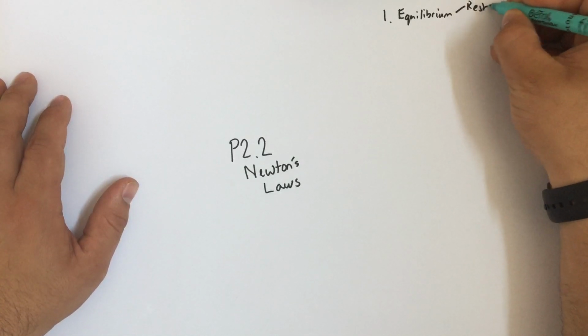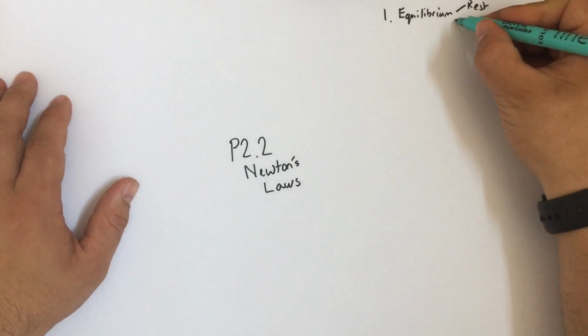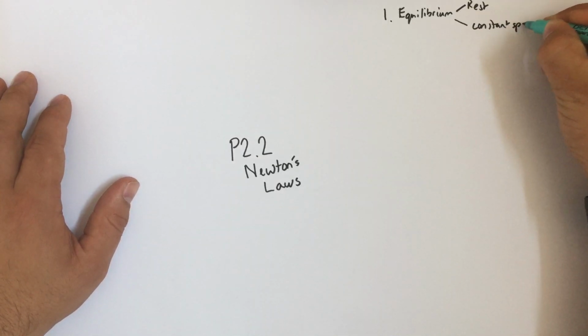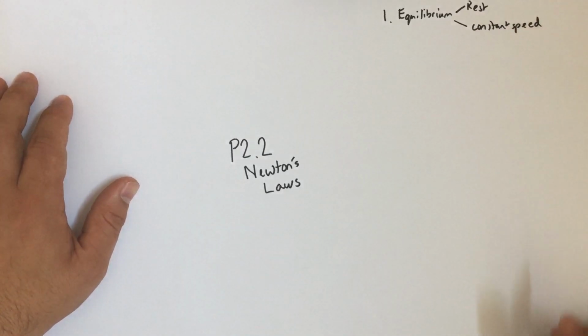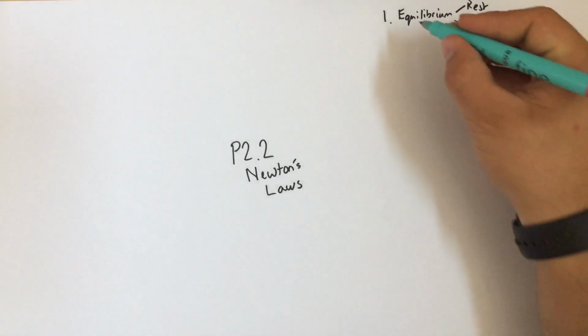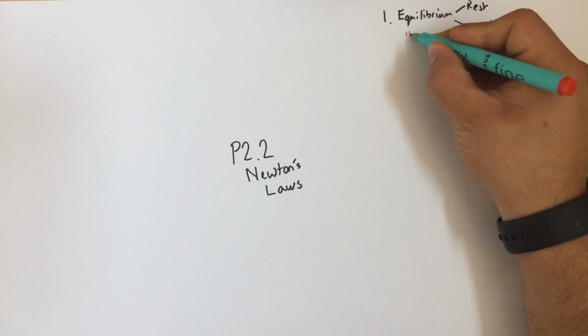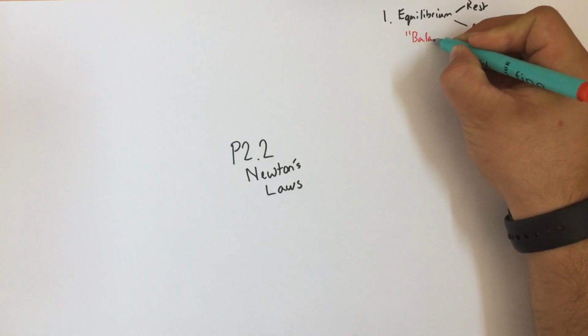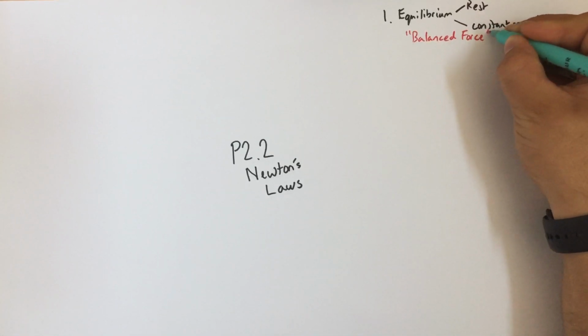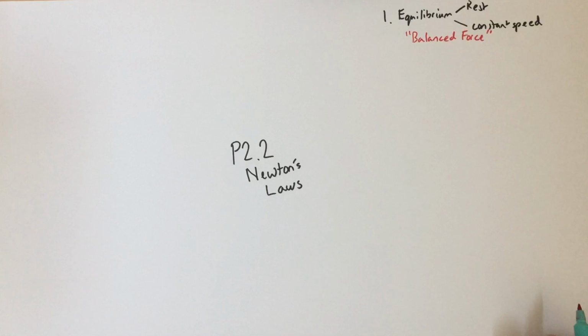Equilibrium can be at rest when the velocity is 0, or at constant speed. I call Newton's first law the law of balanced forces, because it tells you what will happen in the case of balanced forces.